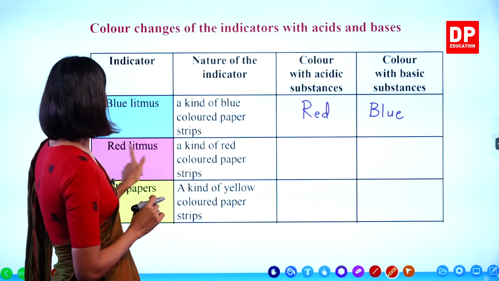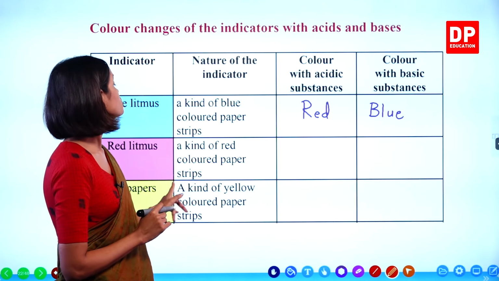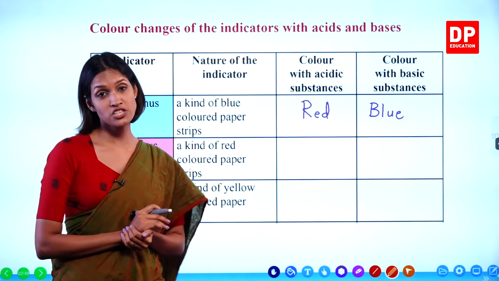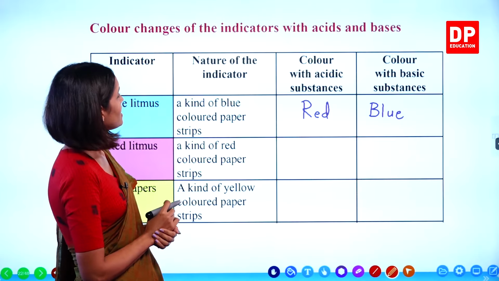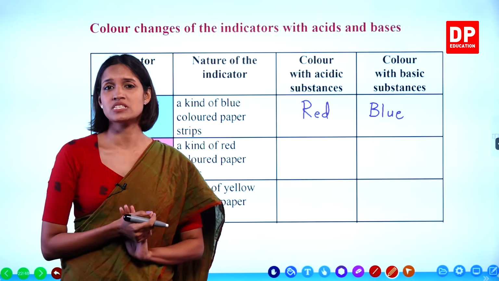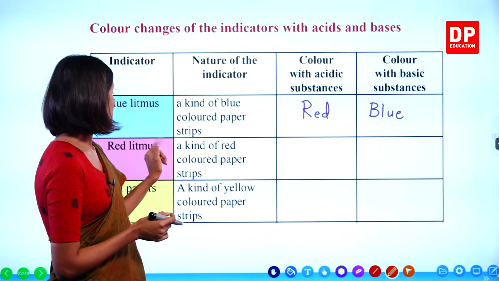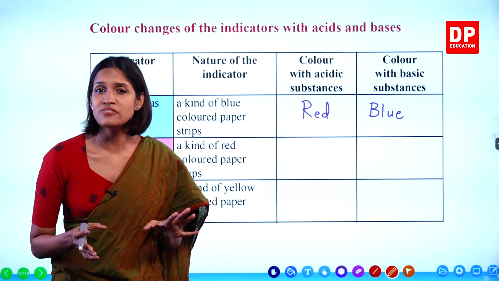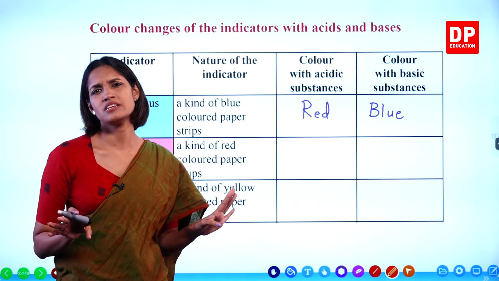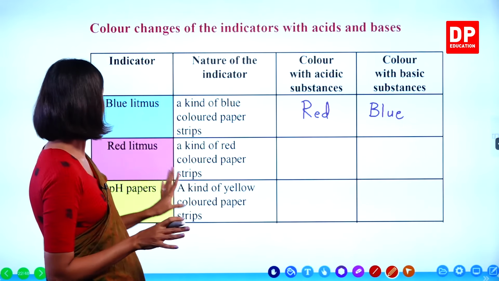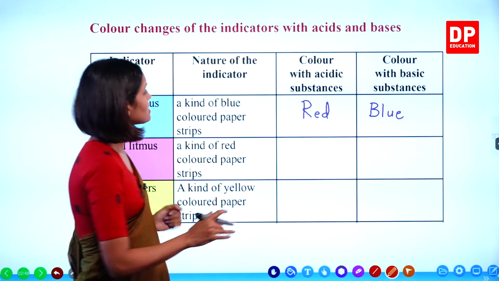Okay. And then red litmus. Red litmus is also a kind of red colored paper strip, pale red in color. And what is the color with acidic substances? Does this red litmus paper change color with acidic substances? It does not change the color, right? So red litmus is still red.